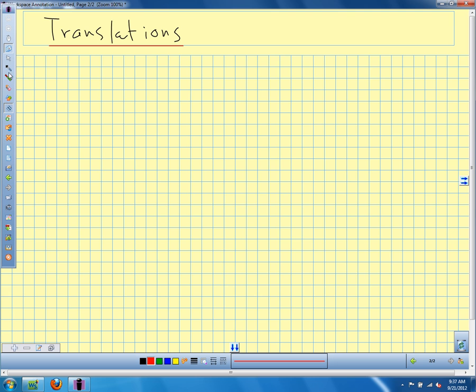So I'm going to draw a set of axes here, and we'll label our x and our y. And we'll put a point on our axes. I'm going to go over 3 and up 2. So this is point (3, 2).